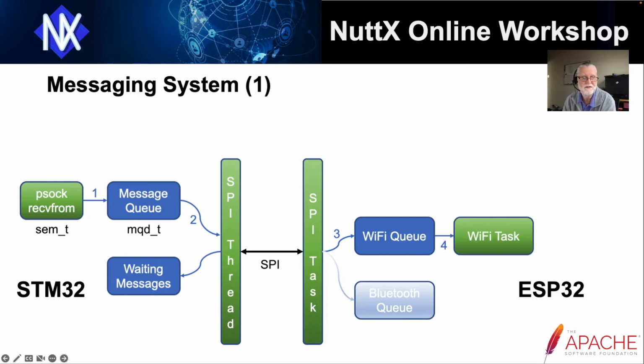We also have a group of tasks running on the ESP32, and one of the tasks is the Wi-Fi task. Its main responsibility is to monitor the Wi-Fi queue, and when messages come through for the Wi-Fi system, it takes those messages from the Wi-Fi queue, implements the functionality that's required, and in this case it's a receive from, and then it works out the response from the network.